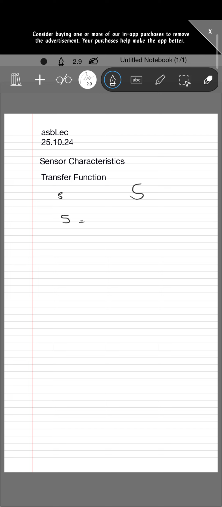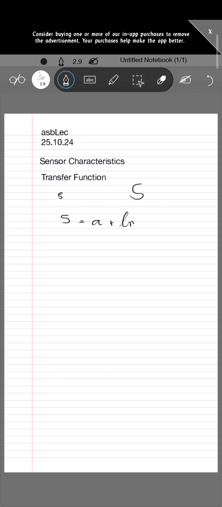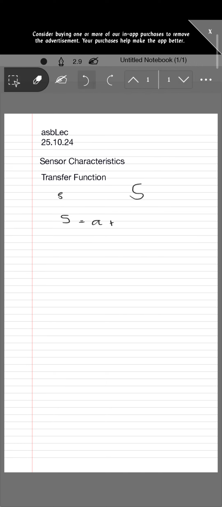as equal to a linear function, that is a plus b into s.